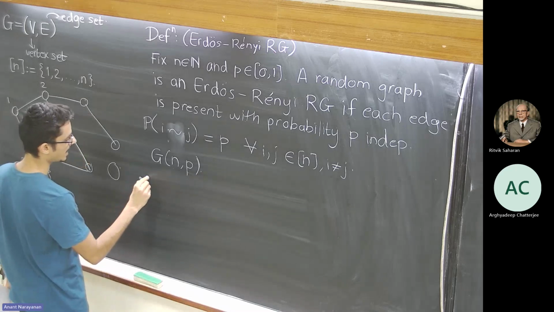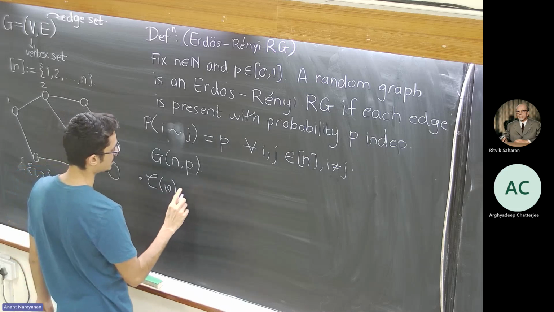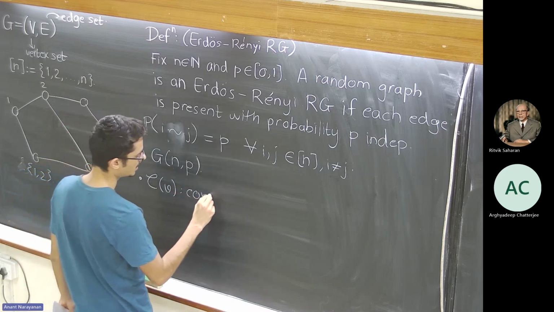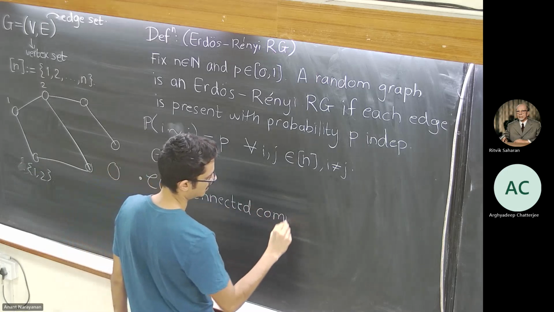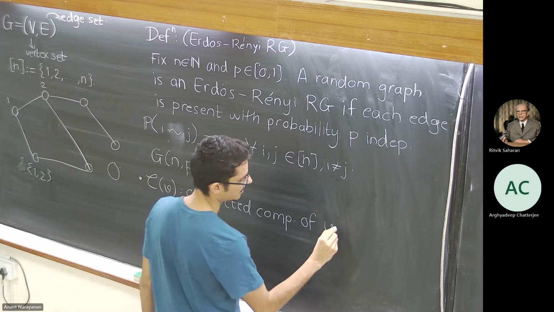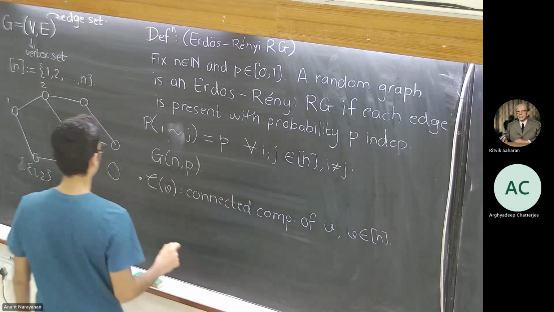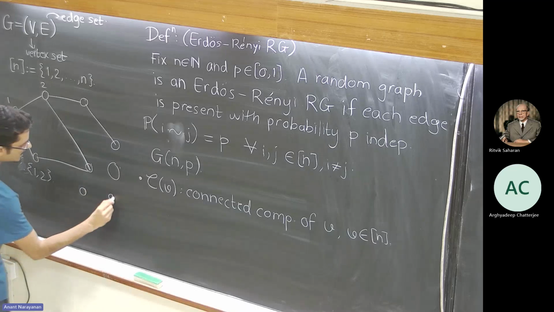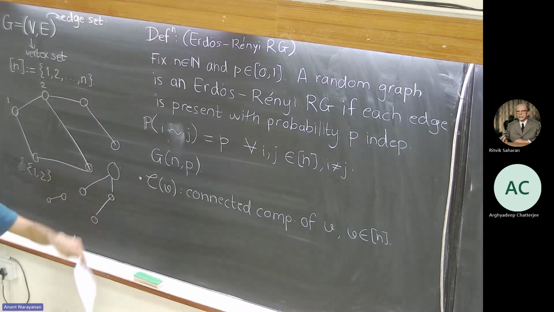With regards to this, I'll define something as C(v). So this is the connected component of v in G. So for example, if I add a few more vertices, your graph can always form a set of disconnected components because I'm not forcing any condition of connectedness upon them.